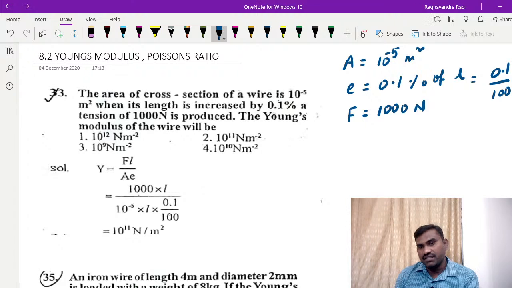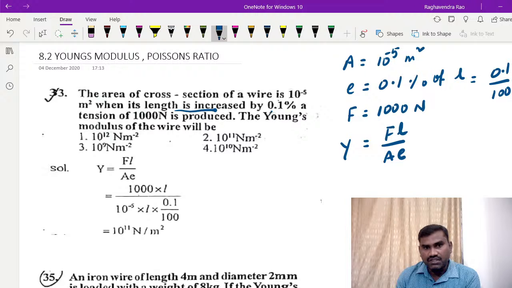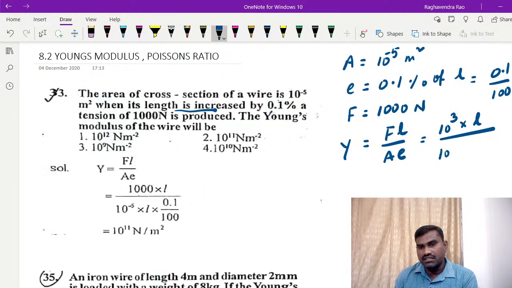The Young's modulus of the wire is, as usual, the direct formula: Y is equal to FL by A times the elongation. Without giving the elongation directly, they gave the length increased by 0.1% of its initial value. So F is 10 cube, L we take as L, area of cross section is 10 power of minus 5, and elongation is 0.1 by 100 into L. Now this L will get cancelled, and this 100 will come outside.